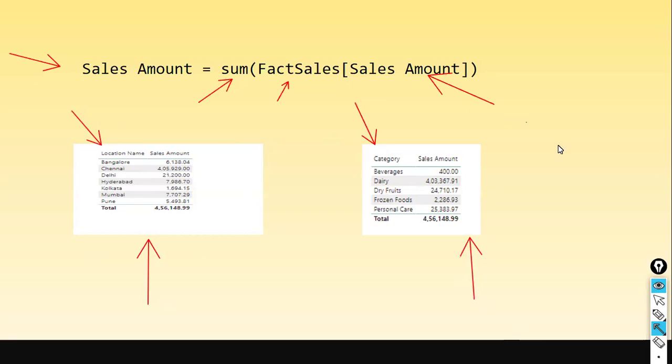Along with that, the moment I drag and drop the measure sales amount, it gives me the breakdown of total sales by location here, and the breakdown of total sales by category there. If you see the total value, both of them are the same, but when you look at the row values, they are different.